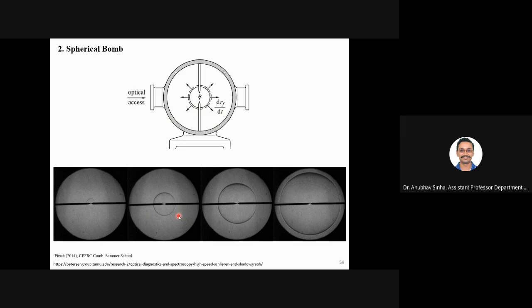This is Schlieren imaging, and when you have high speed or time resolved imaging, the time difference between these images is very small, let us say in millisecond or microsecond. Generally when you have a high speed camera, you take images of the order of, let's say, 10,000 frames per second or something like that. If you have that much resolution in time, then you can actually see a flame progressing like this. You can see how the flame moves out.